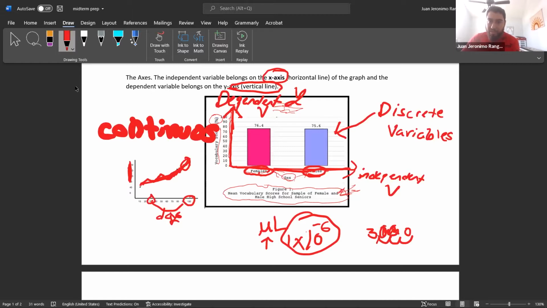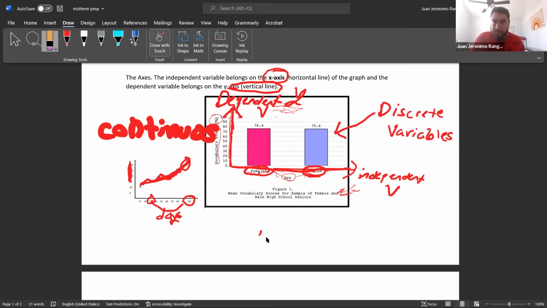But if you had 3 meters, you would go 1, 2, 3, 4, 5, 6.